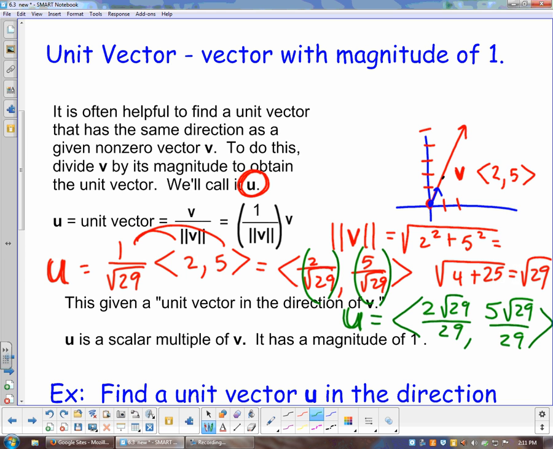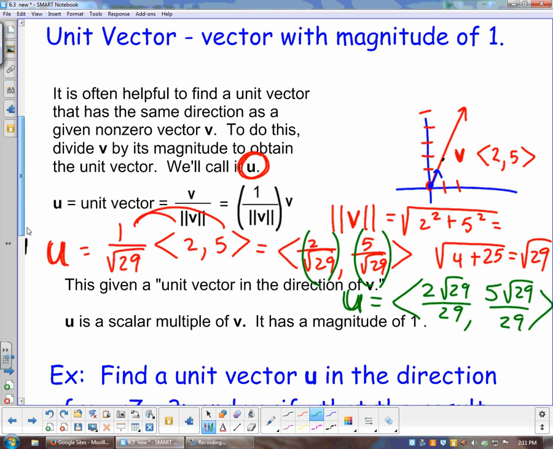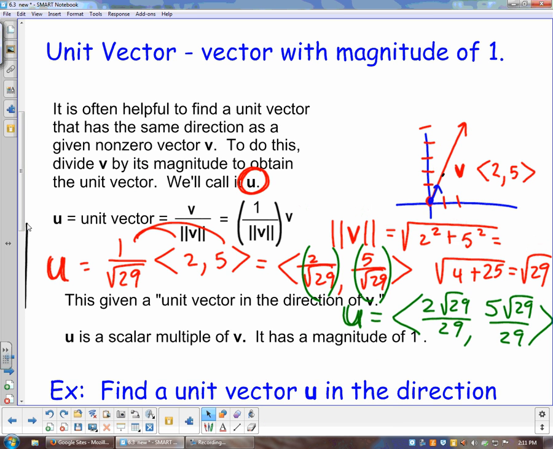So if we were going to try and verify that that had a magnitude of 1, let me get this on another page so we can do that.